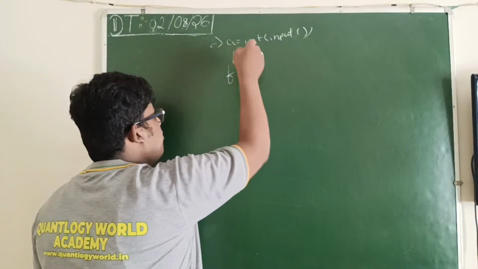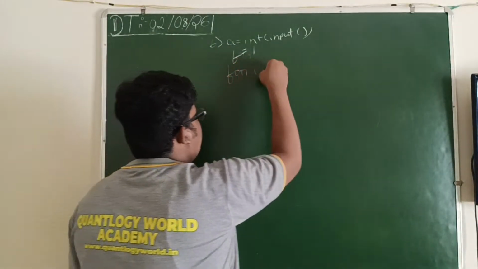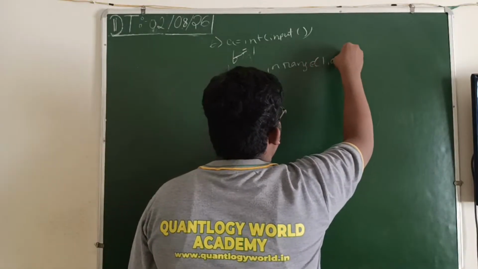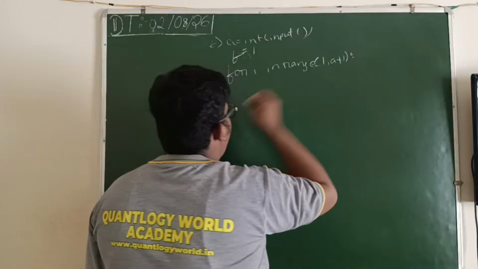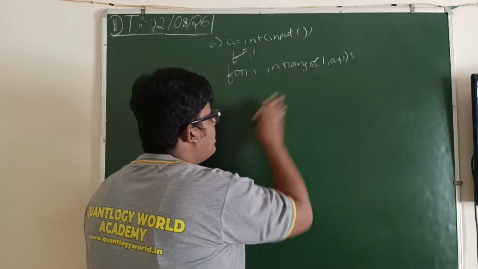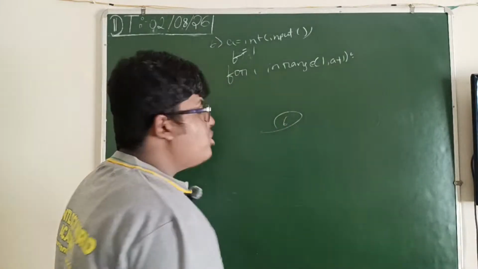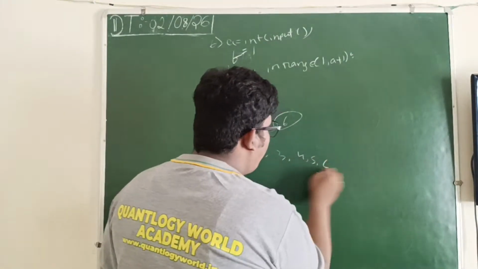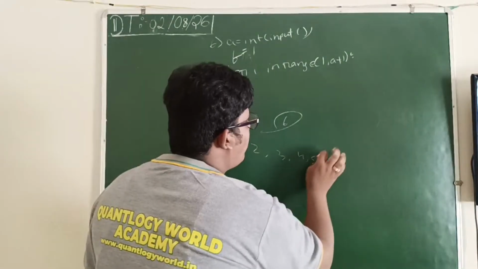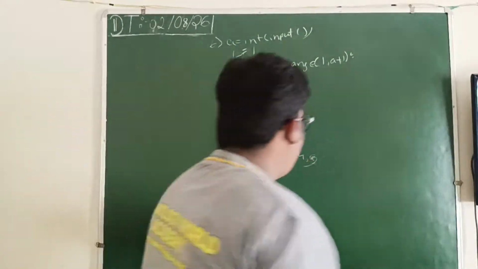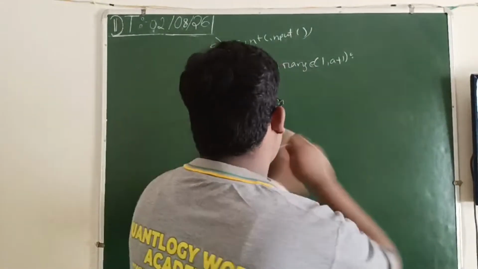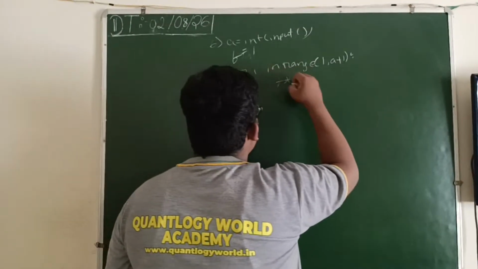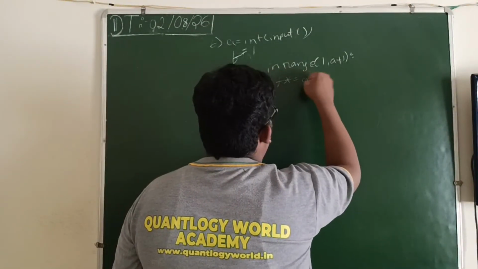Then we will put the number in a for loop. For i in range 1 comma a plus 1. A plus 1 means if the number is 5, the range goes up to 6, and the upper value is not included. Means 1, 2, 3, 4, 5, 6; the upper value 6 will not be included. It will go up to 5 only. So we write the upper value as a plus 1. Then f asterisk equal to i.